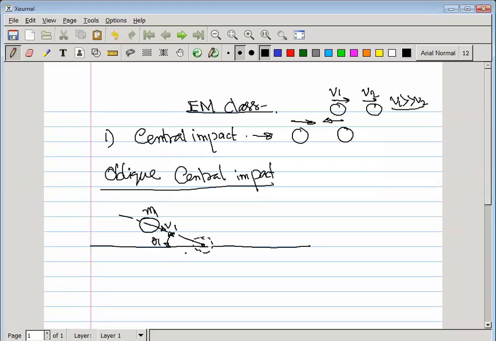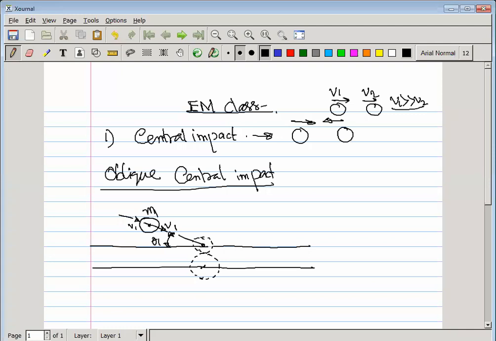Suppose there is another body. I draw this as dotted because it is the initial position, and after a certain time it will go to another position. That's why I have written v1 as the velocity of that particle or body.